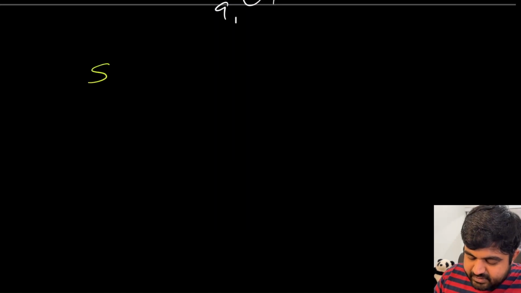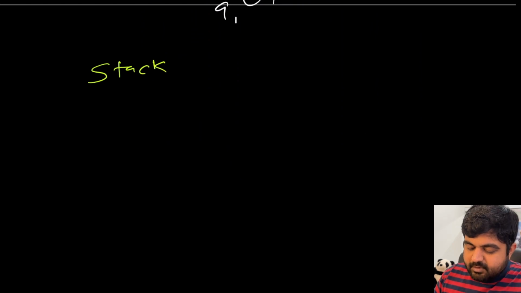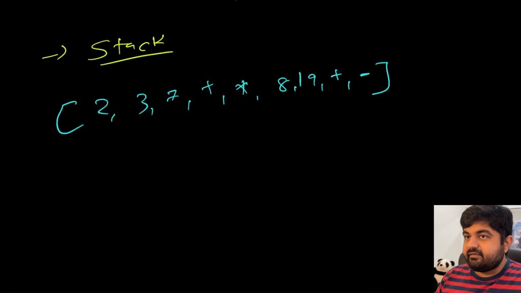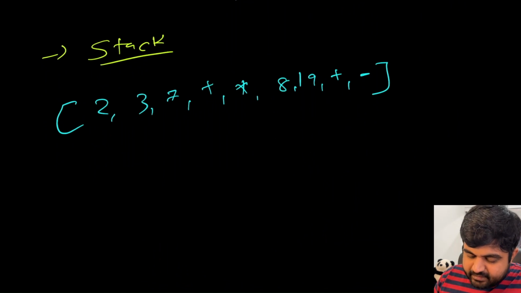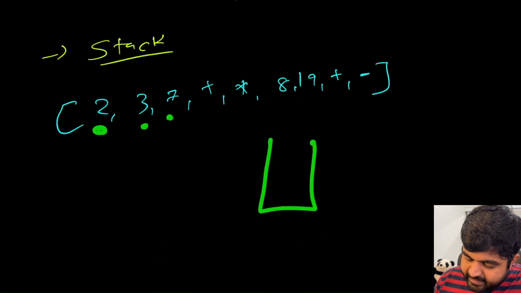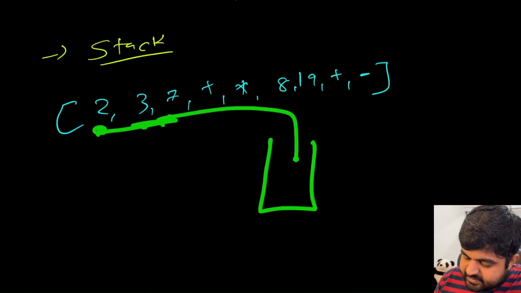So the idea I am suggesting is that we can use a stack to solve this problem. Suppose this is the long operation that we are given. The idea in using the stack is that at the very beginning, we iterate the same way. All the values we find, we push inside the stack.